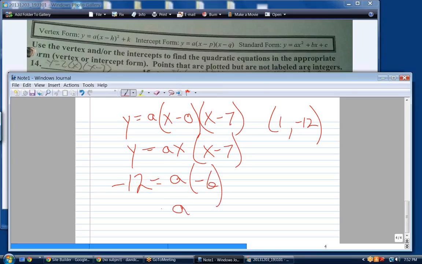So a equals 2. And then our exact equation is y equals 2x times x minus 7. So you don't have to write that 0? No. In other words, x minus 0 is x. That's why it's written just as x there.